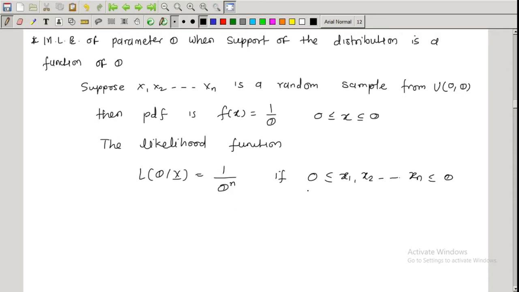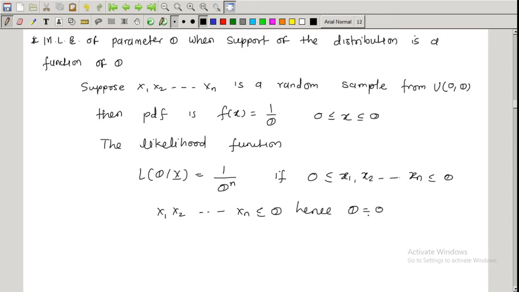So L of 0 will be maximum, however x1, x2 dash up to xn is less than equal to theta. Hence theta is equal to 0 is not a maxima in real sense.